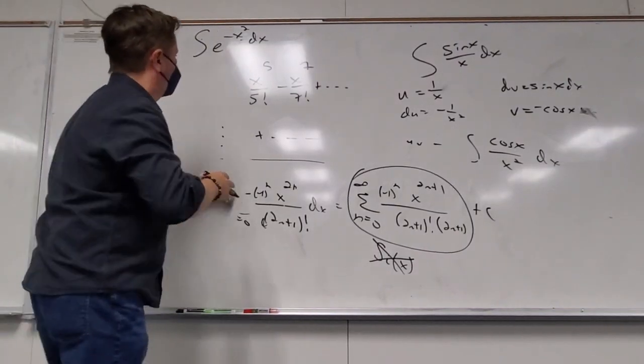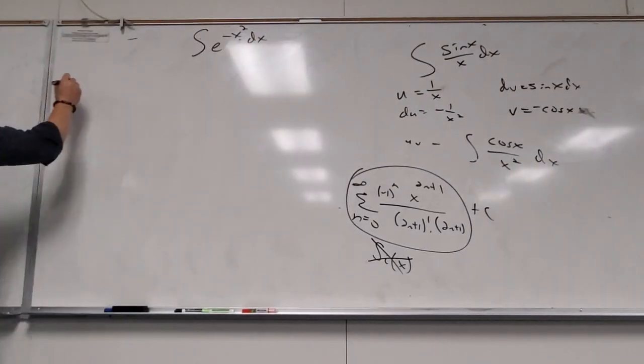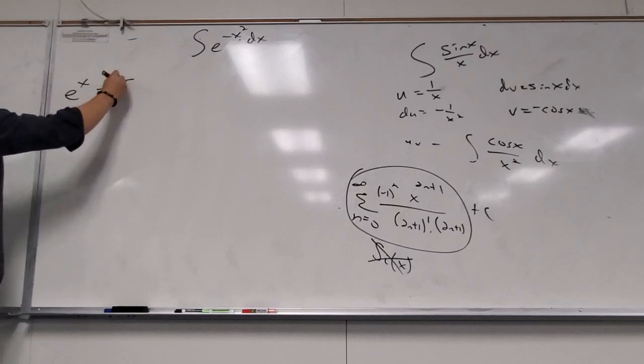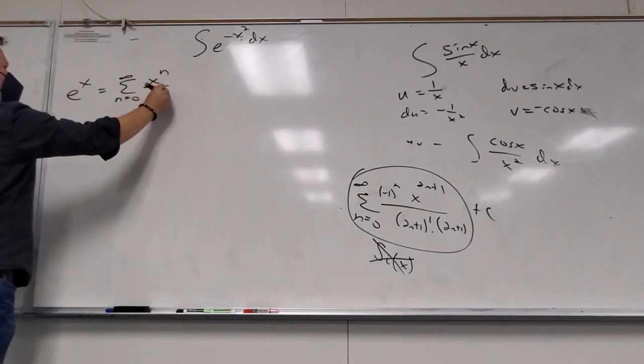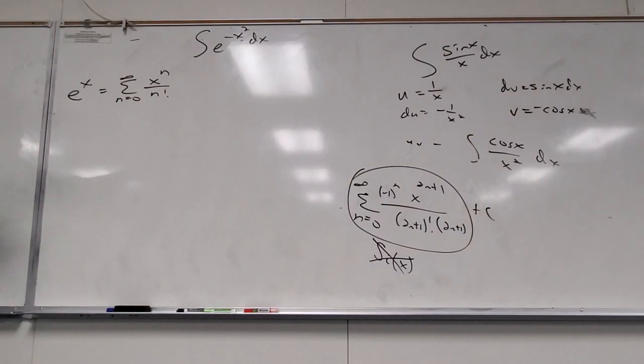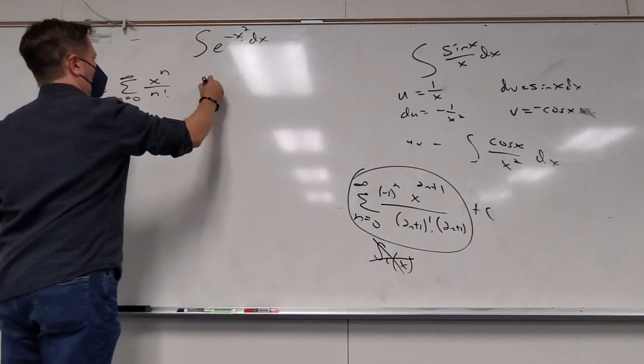Can somebody look up what e to the x is? That's one of the best. If you remember the summation form, it's beautiful. Right? So we're going to do two things with this. First thing is, what would e to the negative x squared be then?